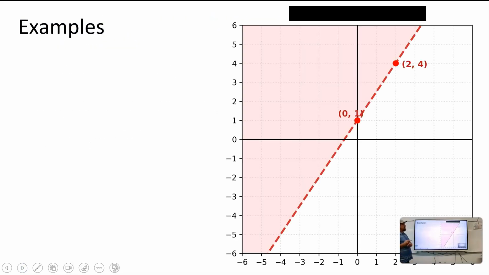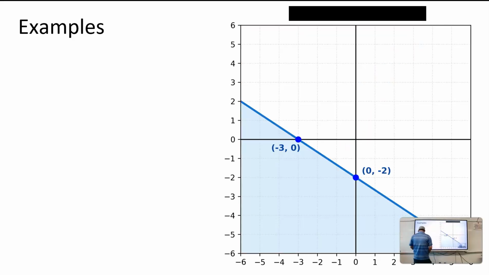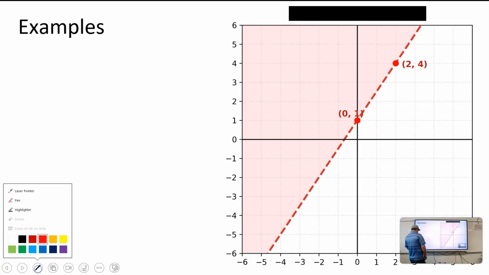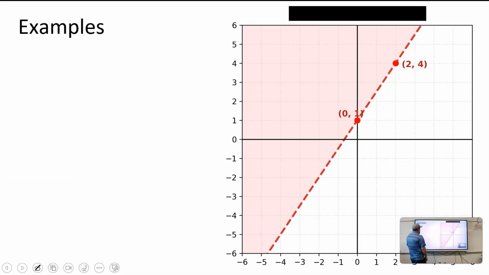Okay, so first off, what is our y-intercept? Let's change colors. Let's go with this blue. So first off, we have a y-intercept right here at 1. Remember, my slope-intercept form is y equals mx plus b, where b is the y-intercept.